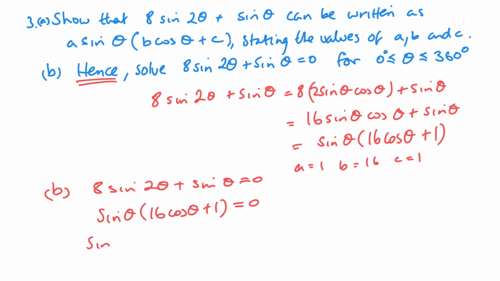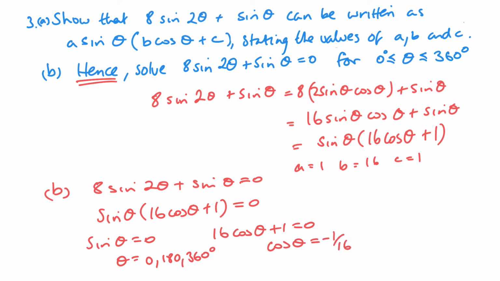So sine theta equals 0 and 16 cos theta plus 1 equals 0. So for sine theta, our answers are at 0, 180 and 360. And then for my second one, we rearrange and we get cos theta equals minus 1/16.